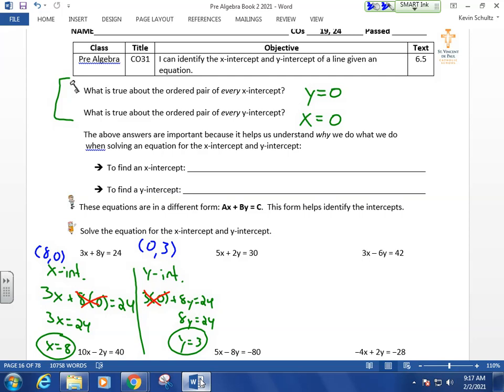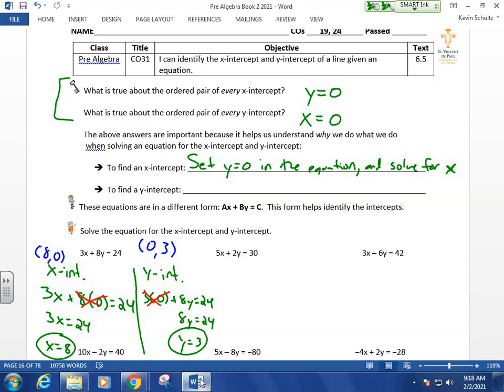So, going back up to those two arrows at the top, to find an x-intercept, we're going to set y equal to 0 in the equation and solve for x.